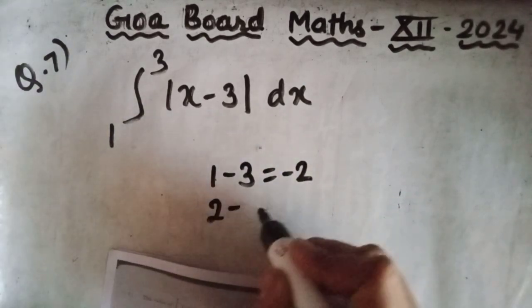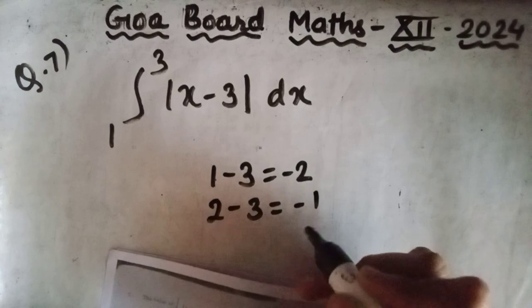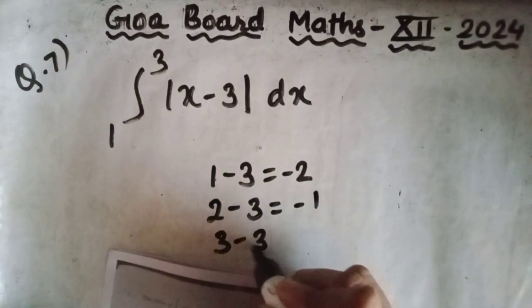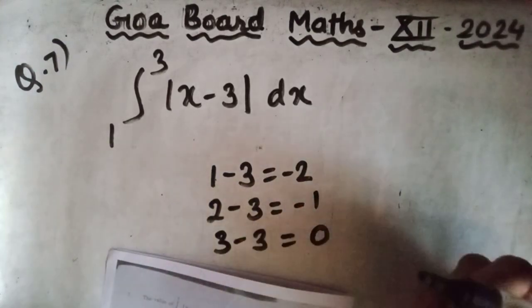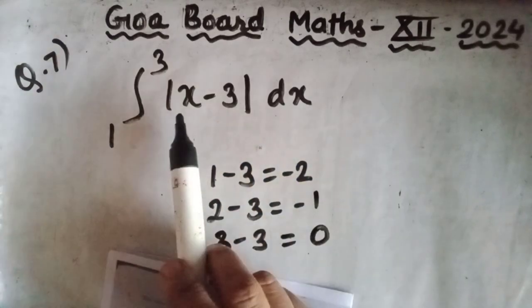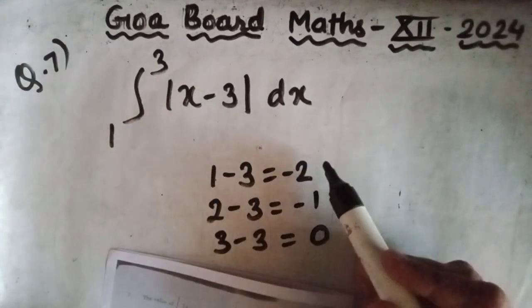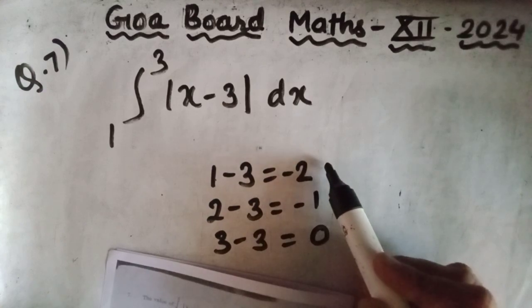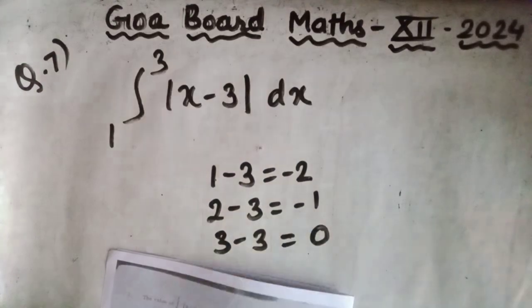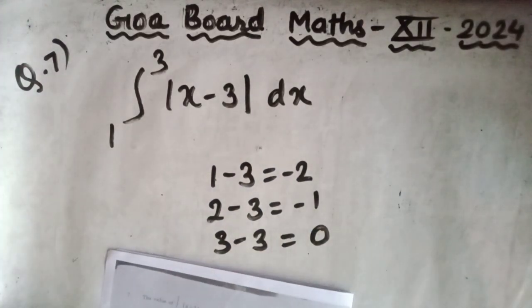If we put 2, we will get minus 1, and if we put 3, then we will get 0. So when this term gets out of the mod, it is for minus (x minus 3), right?